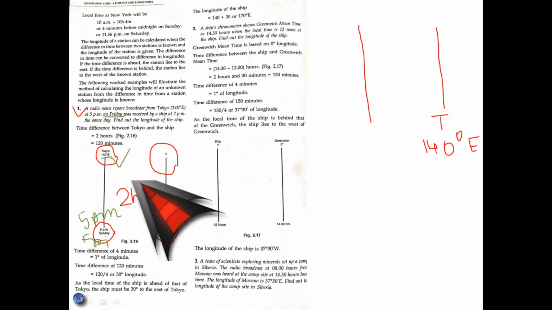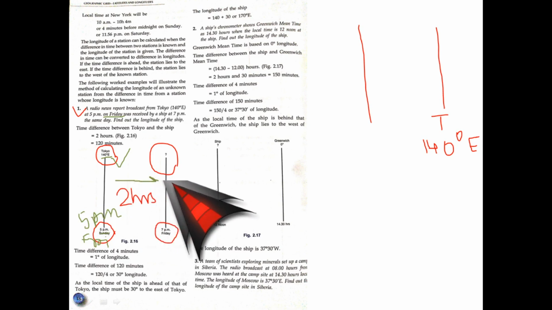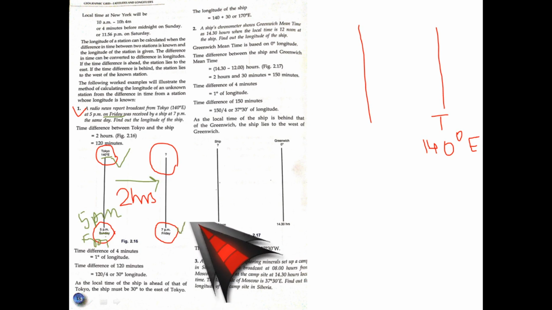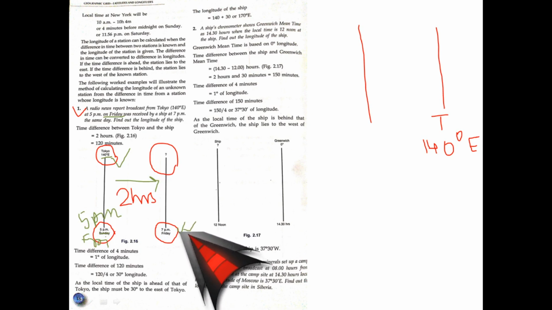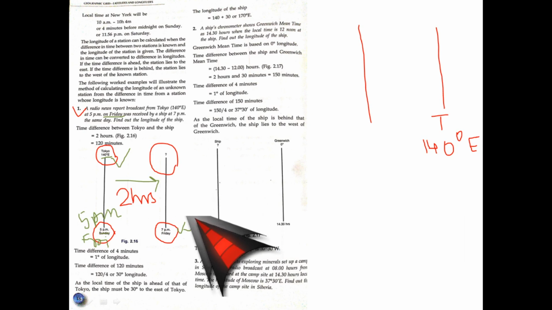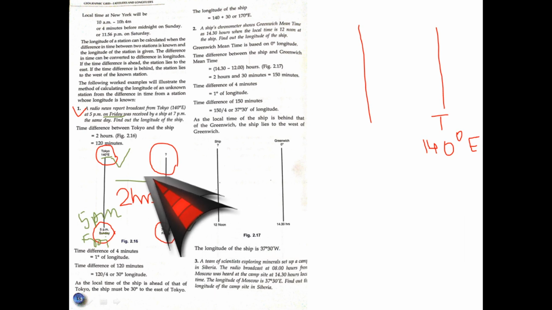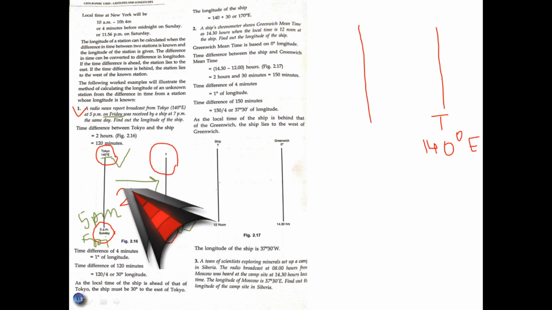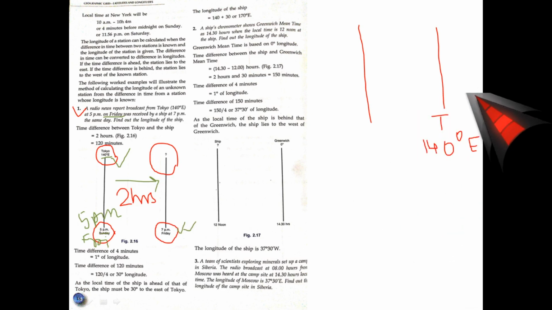The ship which is receiving it is receiving at 7 p.m. on the same day. It means the time of the ship is ahead of the time of Tokyo.